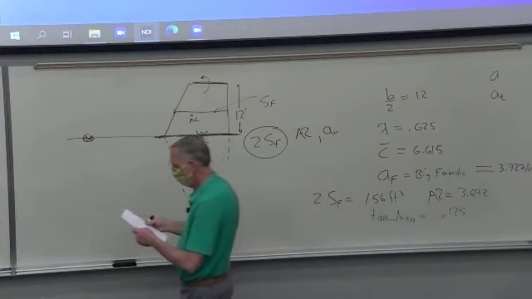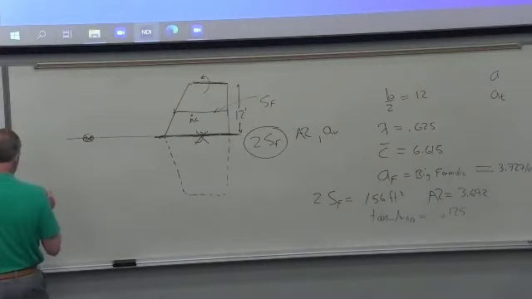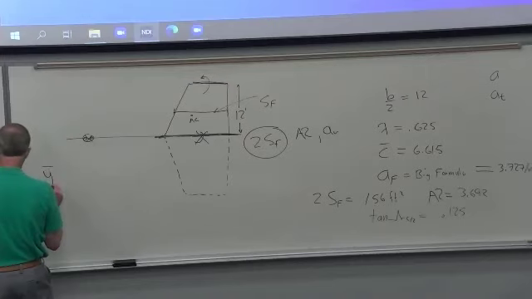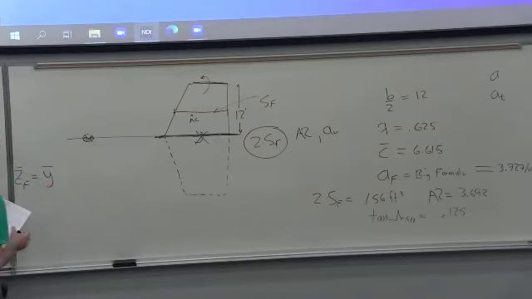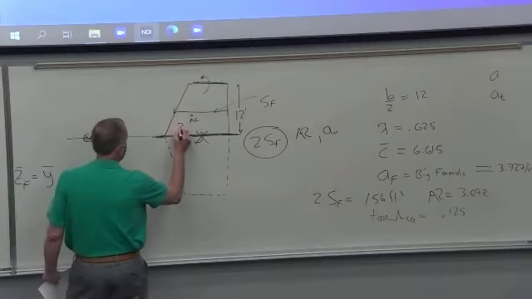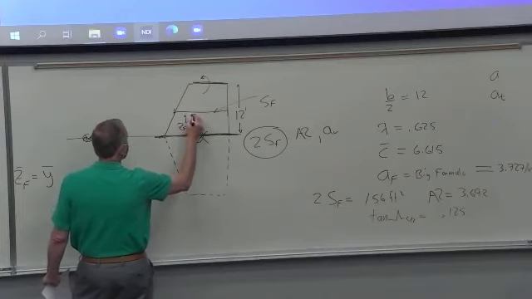And then you go, just like we did for the wing and the horizontal tail, we're going to calculate y bar, which is actually the location in the z direction of the aerodynamic center, because we want to know where does the lift act.